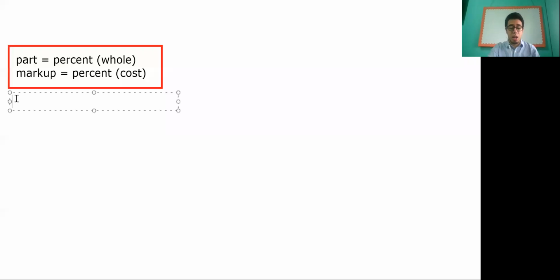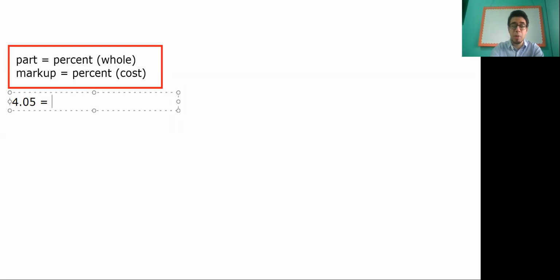Then we need to replace, what is the markup? You already have that the increase of the price was $4.05. So you copy 4.05, this is the markup, equal percent. What is the percent? The percent markup.